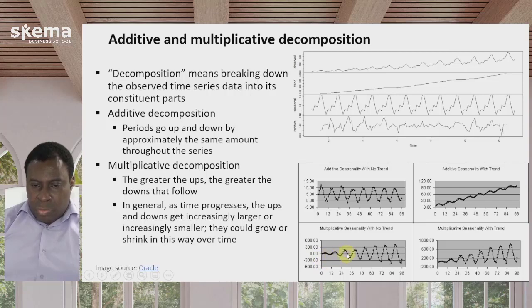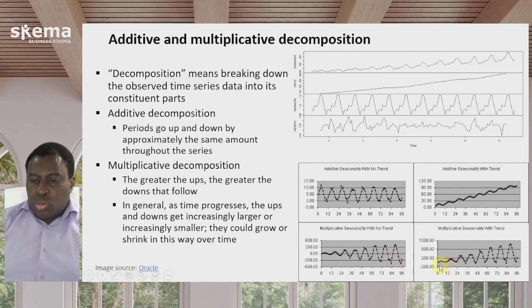So here, with no trend, everything's flat on 0. You can see that when the ups are small, the downs are small. And over here, when the ups are big, the downs are also big. It doesn't always go in one direction. It could start becoming smaller as well, but the point is that when the ups are big, the downs are also big, and vice versa.